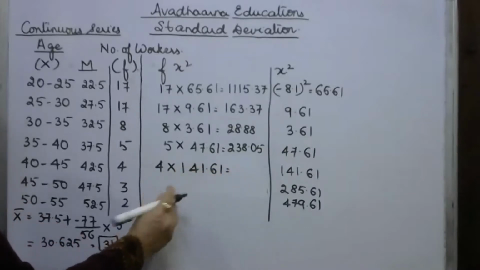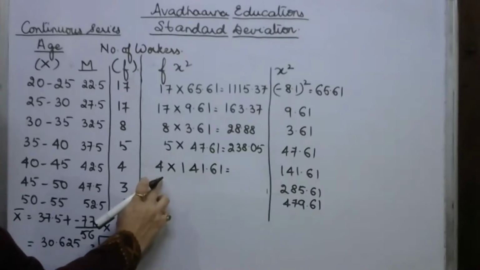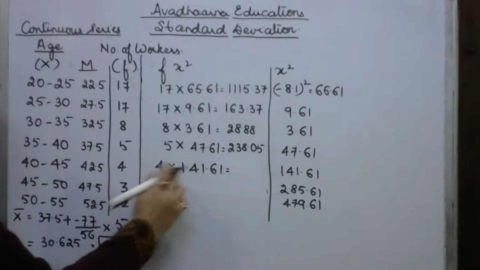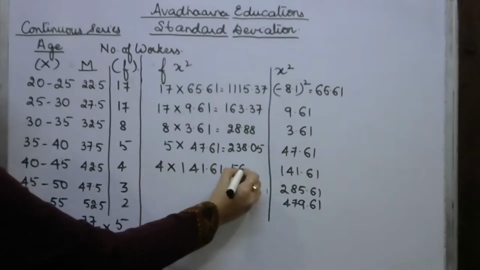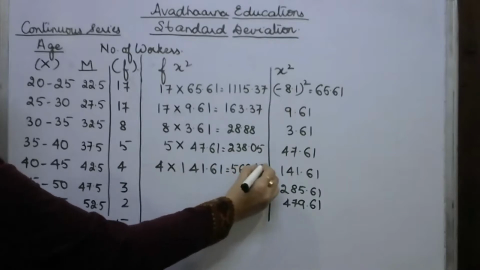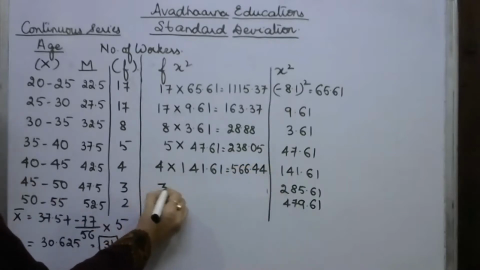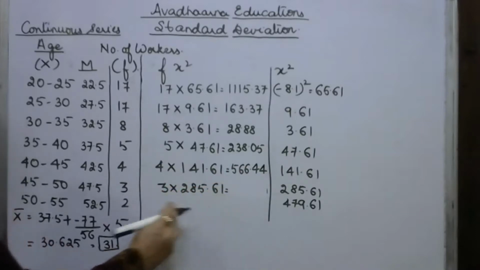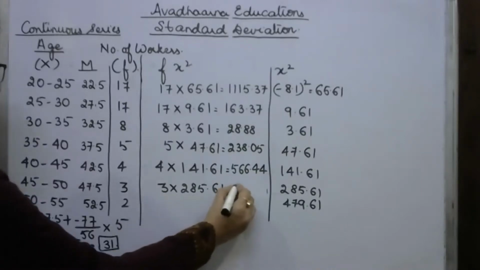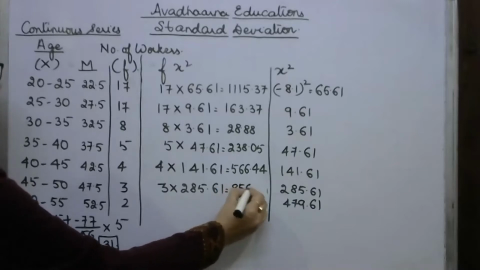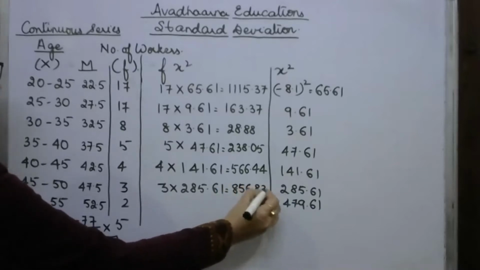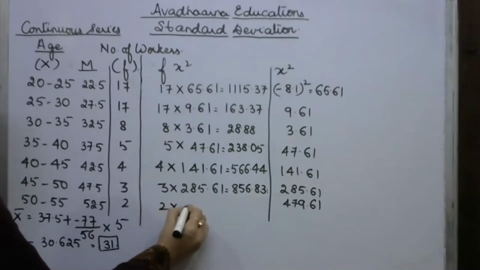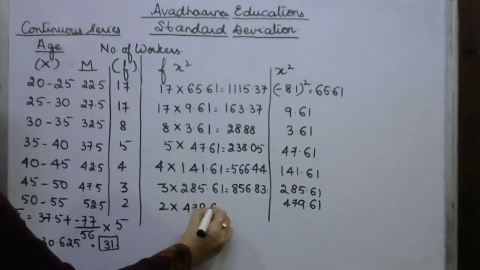Then 4 into 141.61. So if we multiply 4 by 141.61, we will get 566.44. Then 3 into 285.61. If we multiply 3 by 285.61, we will get 856.83. Then 2 into 479.61.